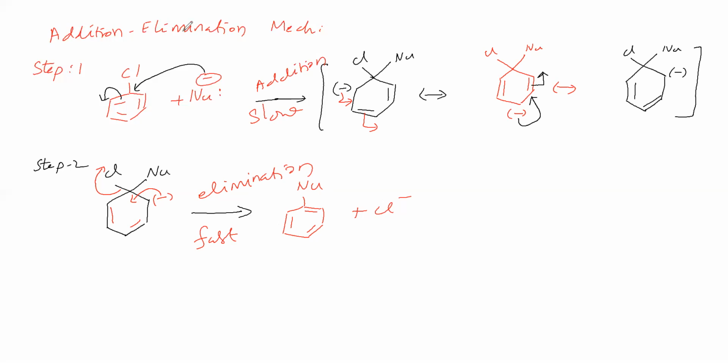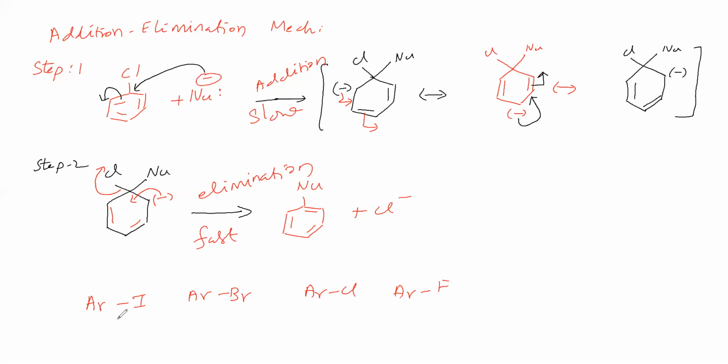Now, if the phenyl ring has an electron withdrawing group, then the attack of the nucleophile will be made easy. Now we will take aryl iodide, aryl bromide, aryl chloride, aryl fluoride. What about the rate of nucleophilic substitution?